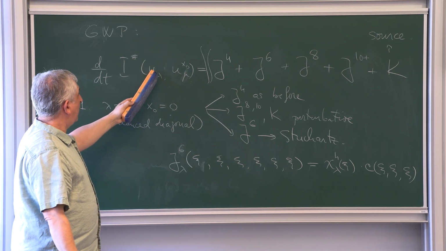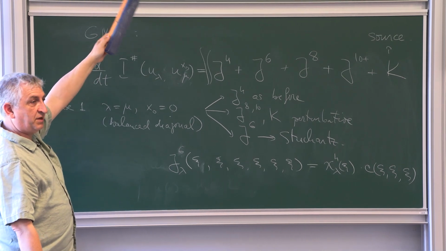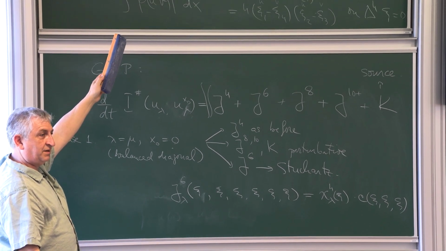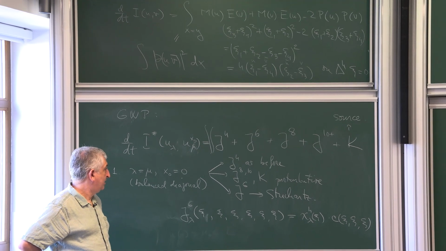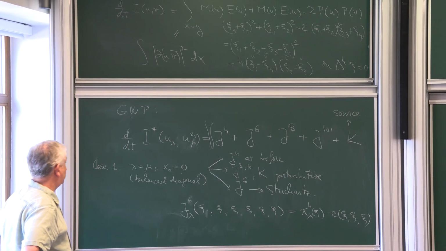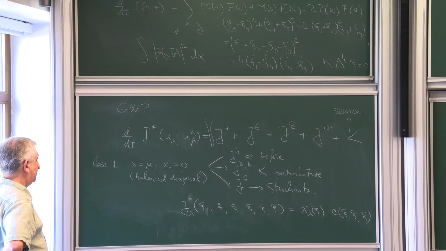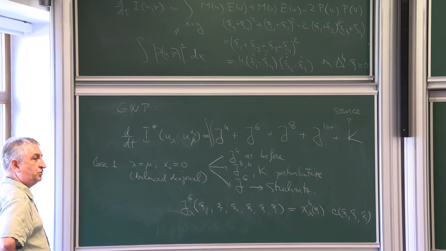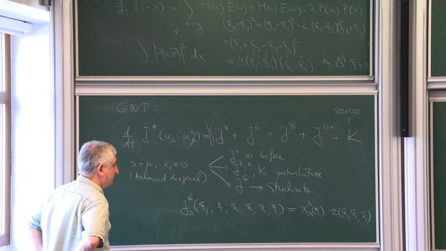I has in it a mass and a momentum, each of them has 2 chi's. I have a problem of homogeneity. Oh, you're counting derivatives or what? 6 on the left-hand side. Oh, it's not derivatives, it's homogeneity.